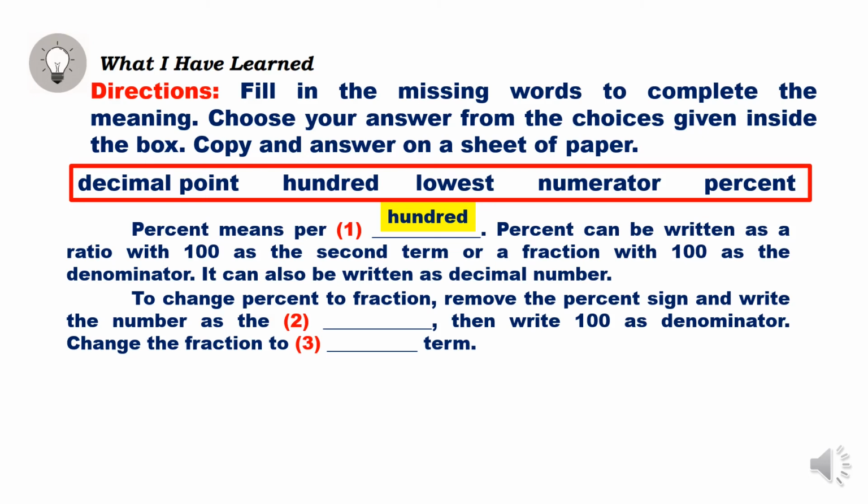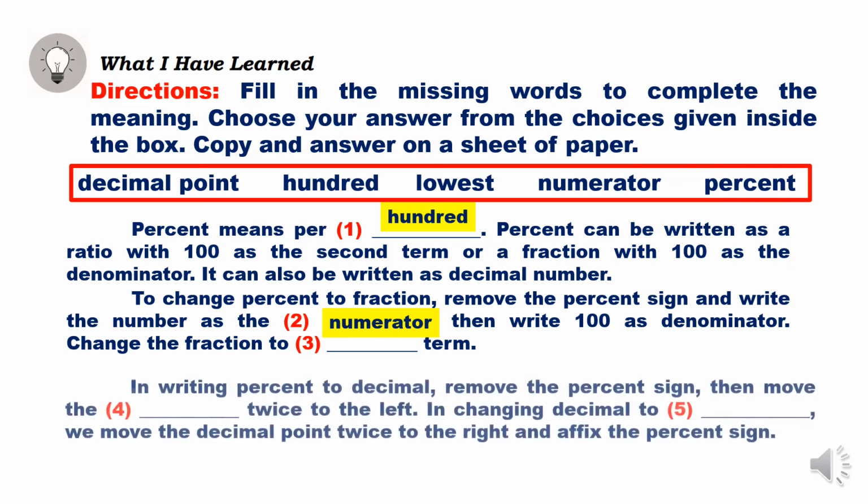To change percent to fraction, remove the percent sign and write the number as the numerator. Then write 100 as denominator. Then I'll give you 3 minutes to answer number 3, 4, and 5. So let's continue. Change the fraction to lowest term.